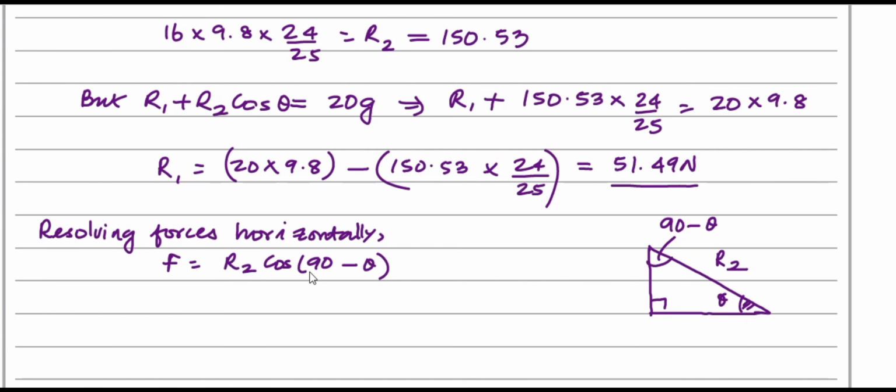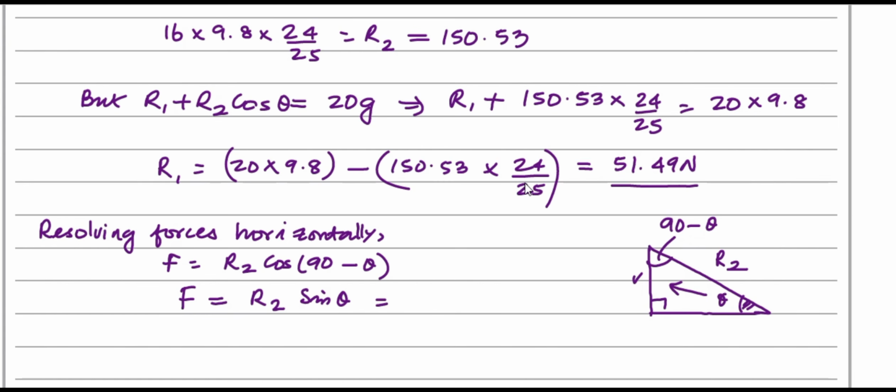Therefore, cos 90 minus theta will be the adjacent side, this one, divided by R2. That same side will be opposite to this theta. So we can say cos 90 minus theta is also equal to sin theta. Therefore, we could rewrite this frictional force equal to R2, instead of cos 90 minus theta, I can write sin theta.